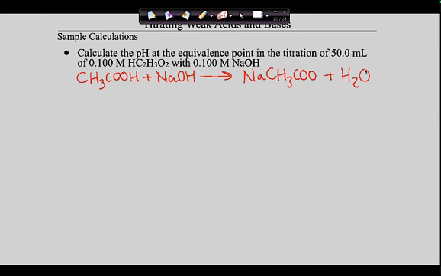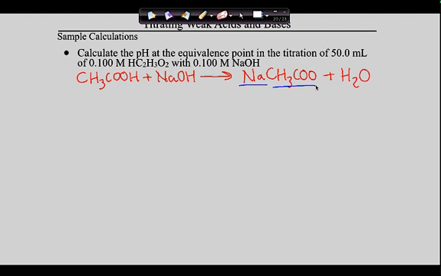Why is it important that you do that? Because it allows you to figure out the chemistry at equivalence. So you look at this and you have the thought, sodium ion, what does it do to water? I know we've already talked, but let's pretend like we haven't. What does sodium ion do to water? Nothing. What does acetate ion do to water? Attacks it.